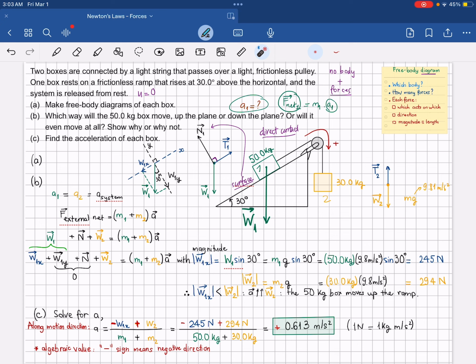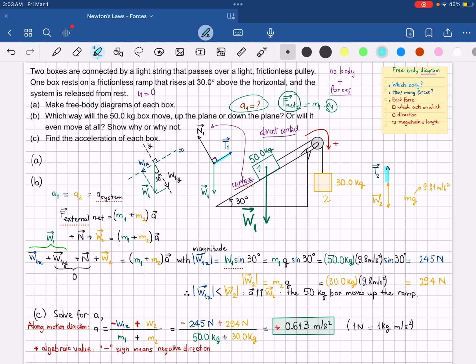And now we need to apply Newton's second law. The external net force equals all the mass in the system times the acceleration. Now this is the external force, okay? So let's see. We have the free body diagrams here, but we only need to include the external forces. So the tensions, are they external?